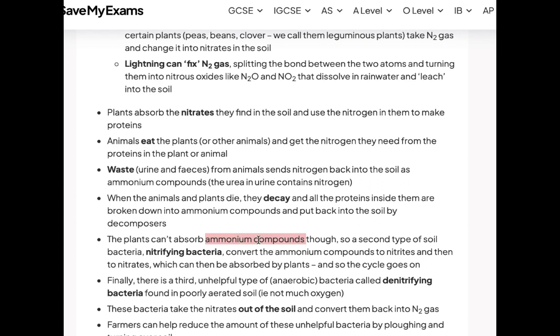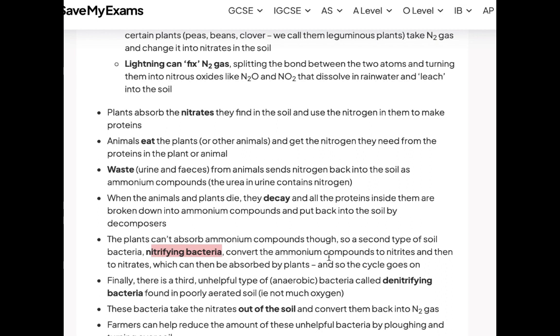So a second type of soil bacteria, called the nitrifying bacteria, will decompose the ammonia into nitrate, which can be used by the plant.